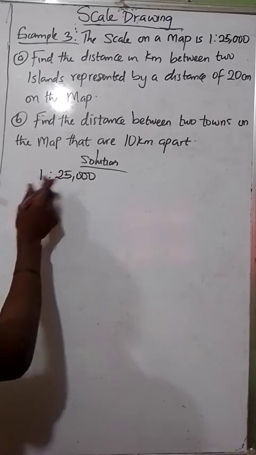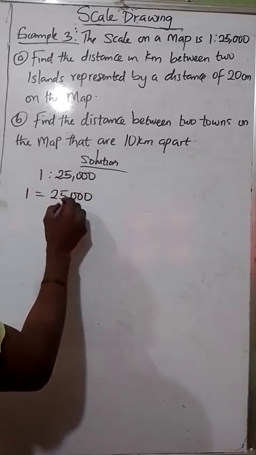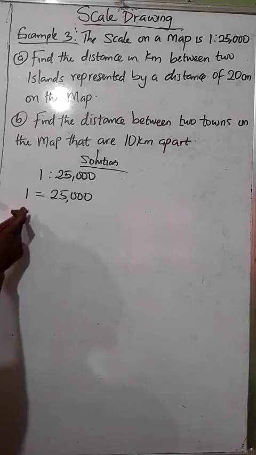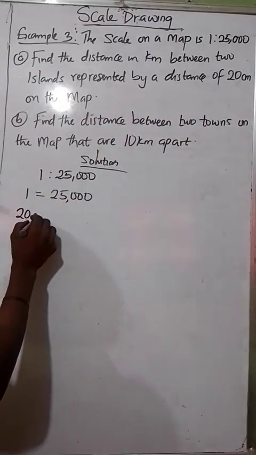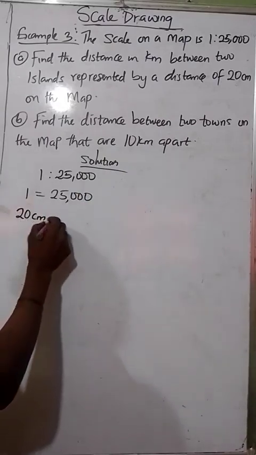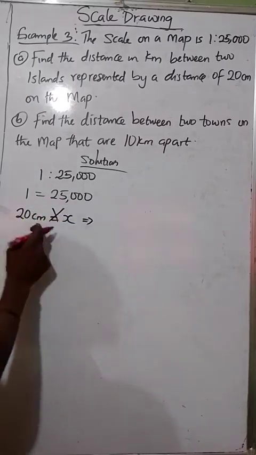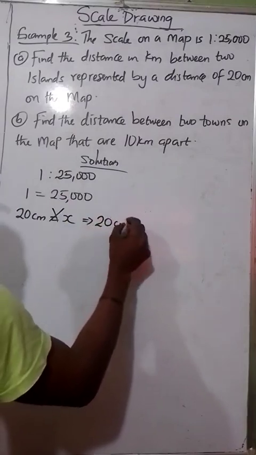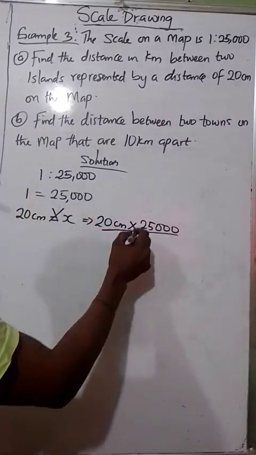Remember, 1 equals 25,000. 1 is the scale, while 25,000 is the actual. So put 20 centimeters under the scale equals x, and that equals 20 centimeters times 25,000 all over 1.